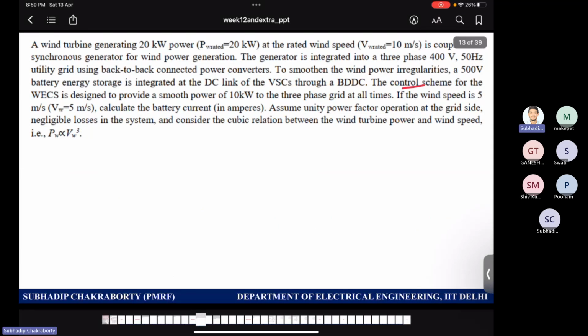Once you are done, tell me. So BDDC means bidirectional converter, right? I for first.